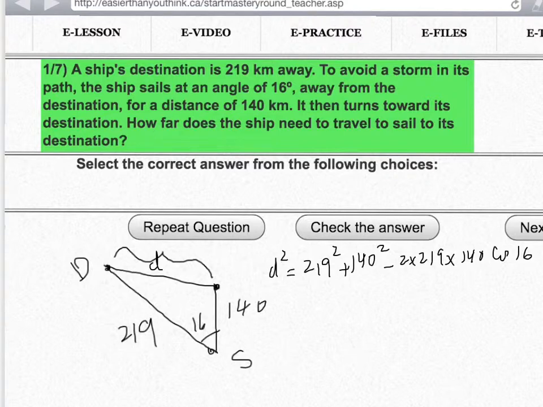Now, again, I'm not going to go through how to simplify and then take the square root, but if you do this one properly, then d is equal to how much? 92 kilometers.